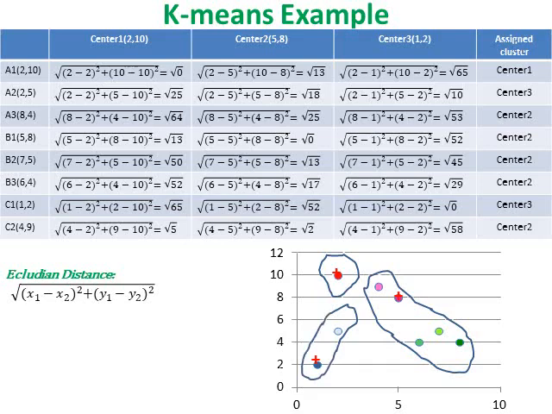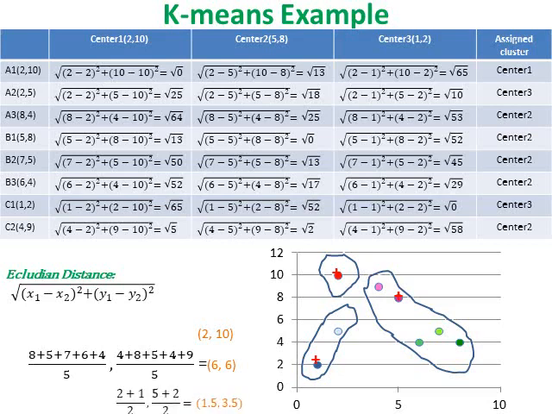The next step is to calculate the mean of each cluster. Cluster 1 has only one data point, treated itself as the centroid, that is 2, 10. Cluster 2 has 5 data points. The mean of these 5 data points is 6, 6. Cluster 3 has 2 data points and the mean of these 2 data points is 1.5, 3.5.